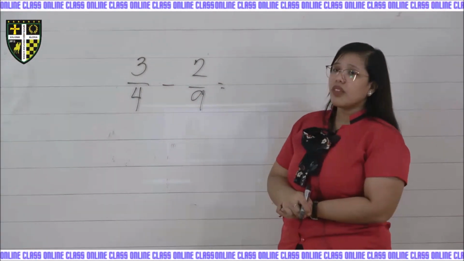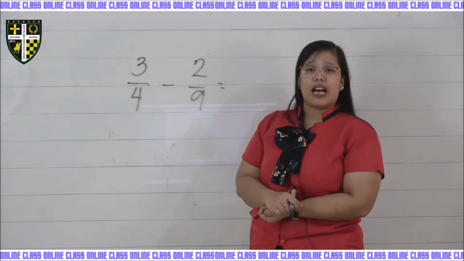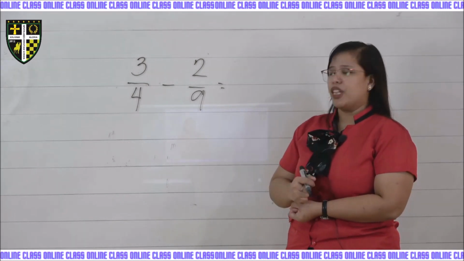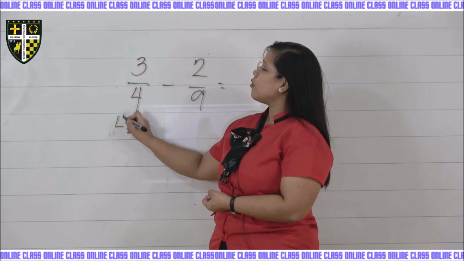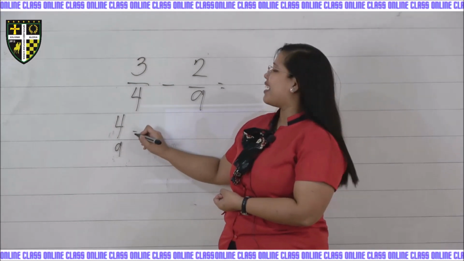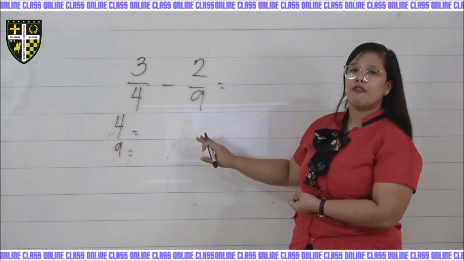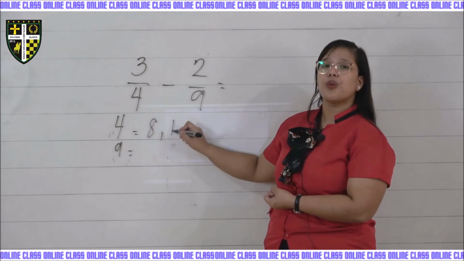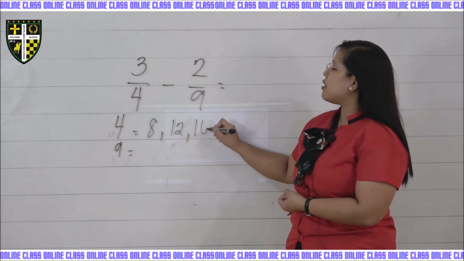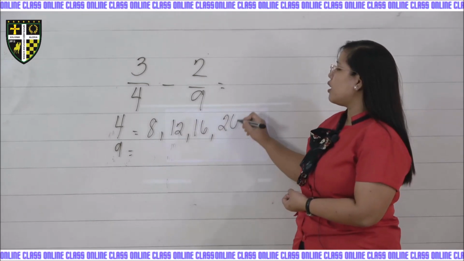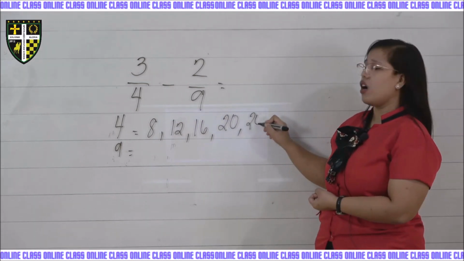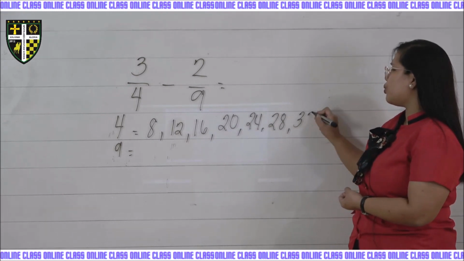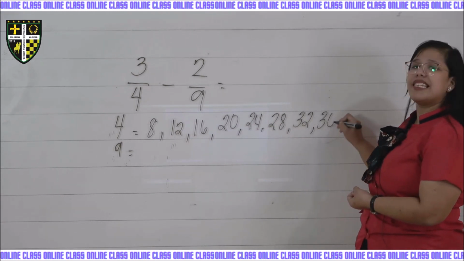So, again, we will list down now their least common multiple, for the denominators 4 and 9. So, let's start with 4 first: 4, 8, 12, 16, 20, 24, 28, 32, and 36.